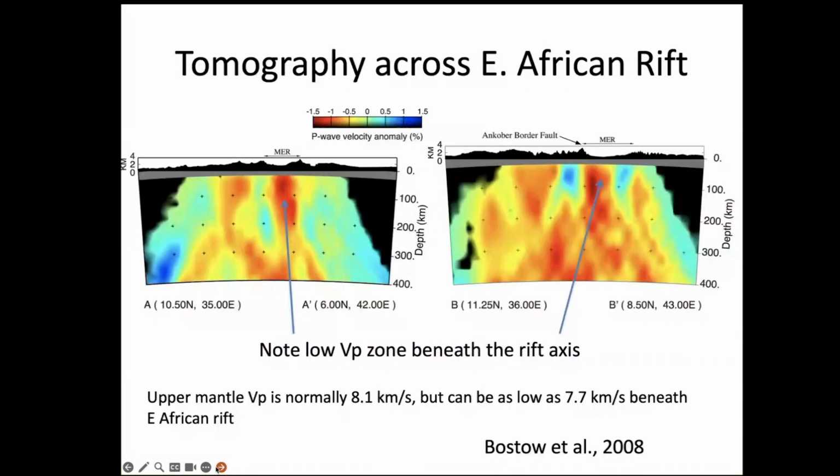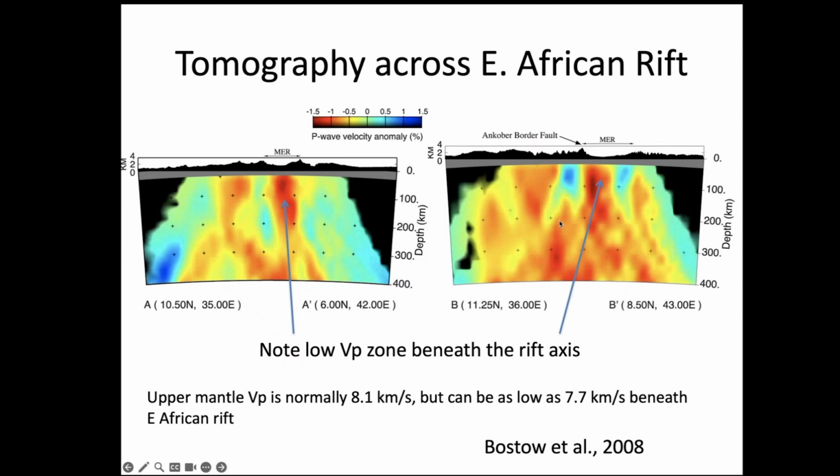All right, so this is tomography, right? We're looking at variations, differences in P wave velocity in percent as a function of different depths. And you can see that this seismic velocity here beneath the mid-Ethiopian rift, or middle Ethiopian rift, is relatively low.